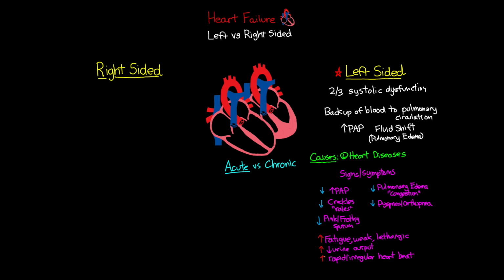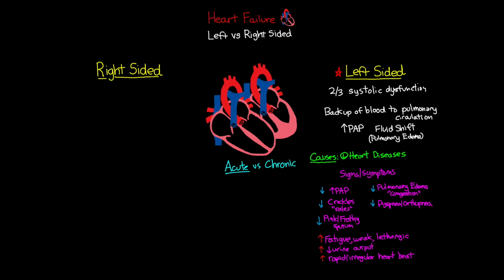What's going to happen as a result of not being able to get enough blood out to the body, as well as what are we going to see on the left side when the left side is not able to move enough blood forward and it begins to back up into the pulmonary circulation. So if you really think about that process, it will help you to think through some of these causes for these different symptoms that you're going to see in your patient.